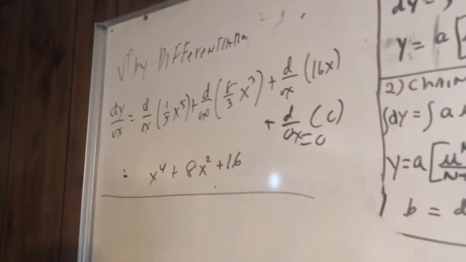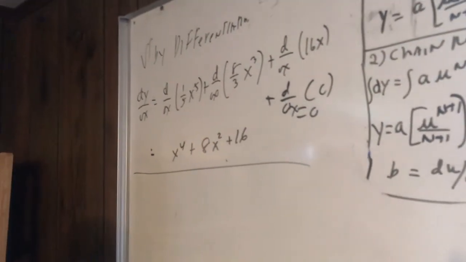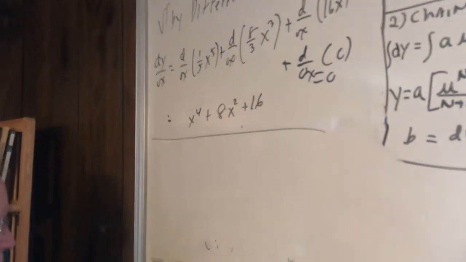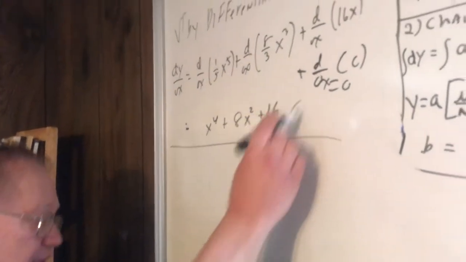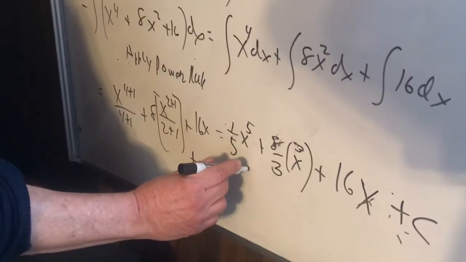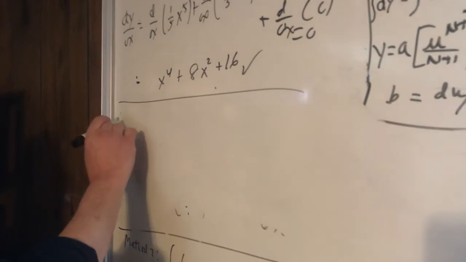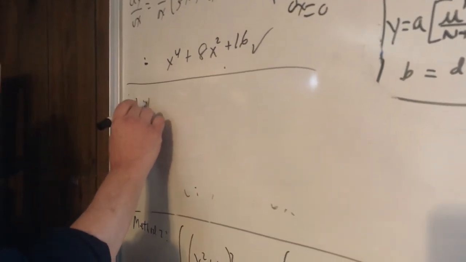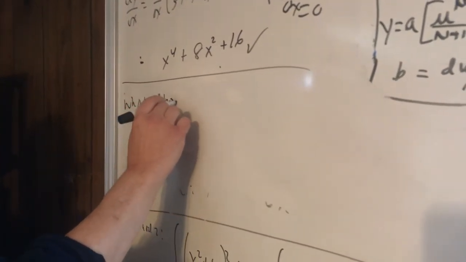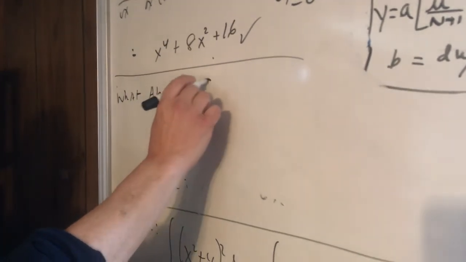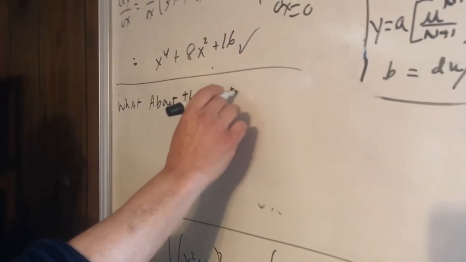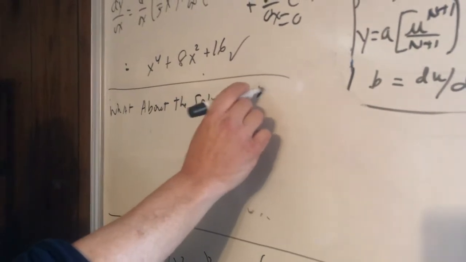But what about the other solution that I got? Is that correct? So, yes, this solution is right. What about the other solution, the solution by the chain rule?